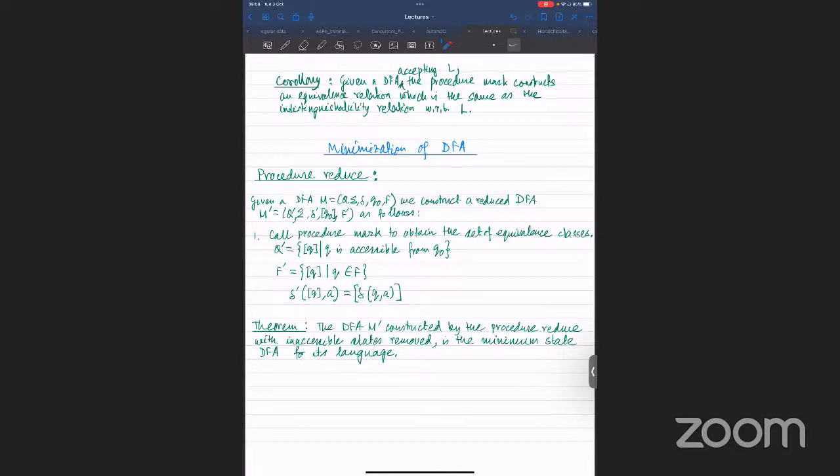So first, we need to show that this indeed accepts the same language. How are you going to do this? What we want to prove is that L of M prime is indeed L of M. How are you going to prove this?